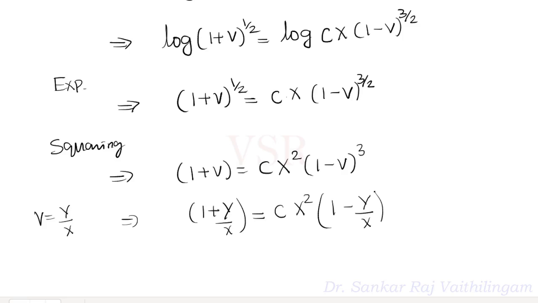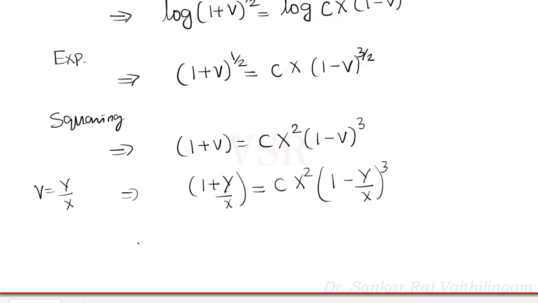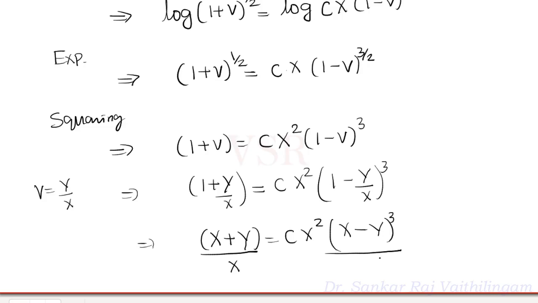Can we express this as it is? So what we are having: this implies that taking x common, we have x plus y, which is equal to c x, with a divided by x here. Let us write one more step. Here x square, then here we will have (x minus y) the whole cube divided by x cube.